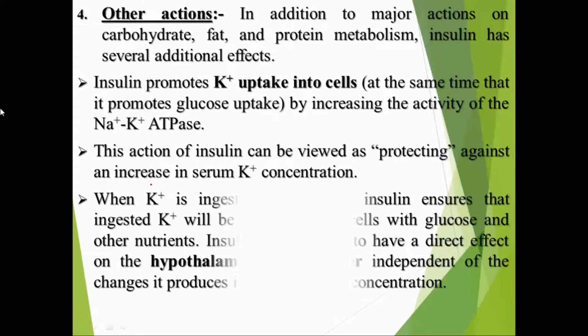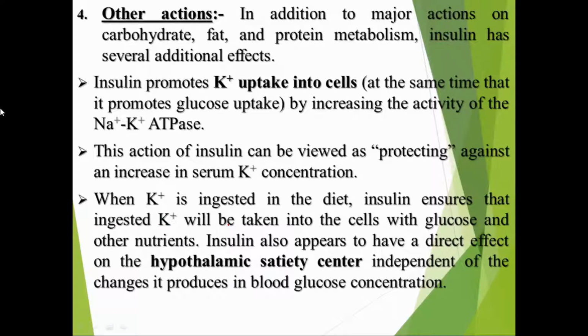So when potassium is ingested in the diet, insulin ensures that it will be taken into the cells with glucose and other nutrients. Insulin also appears to have a direct effect on the hypothalamic satiety center, independent of the changes it produces in blood glucose concentration.